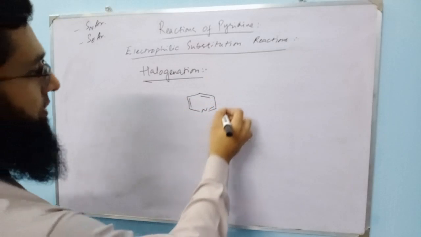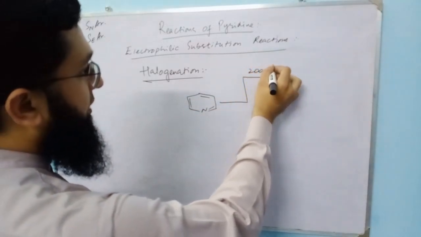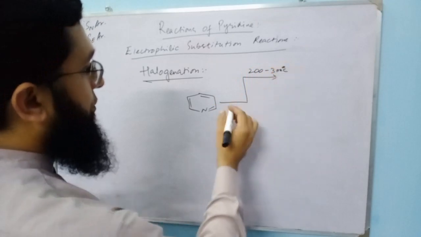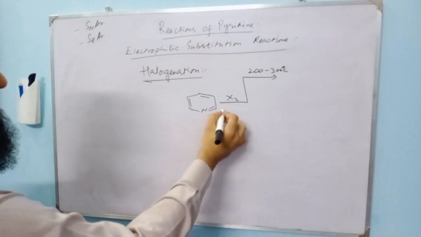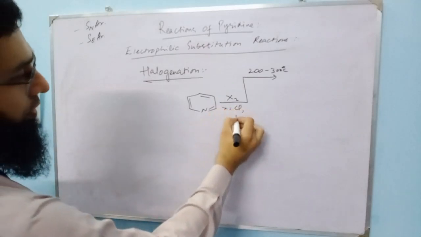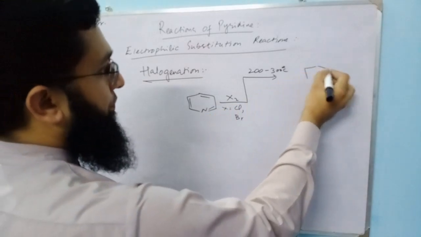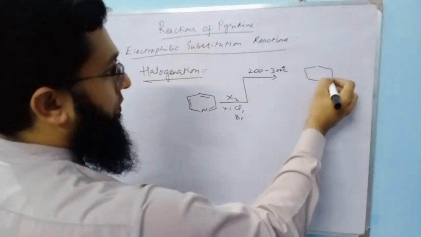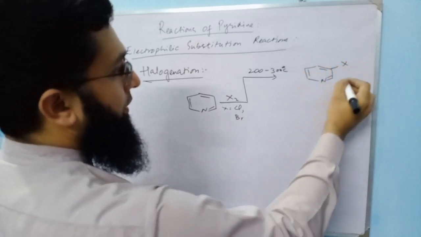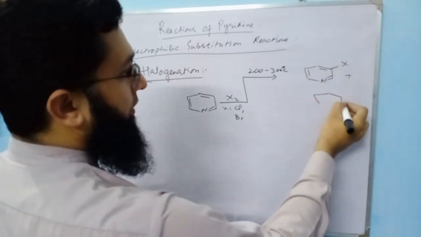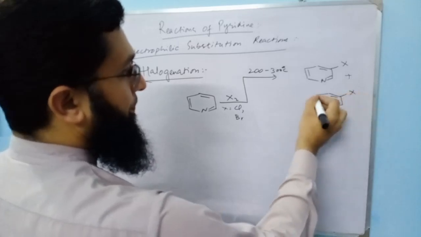So in this case, if we use the temperature at 200 to 300 degrees centigrade and we use elemental halogen, whereas halogen here is chlorine or bromine, we will get 3 substituted or 3,5 disubstituted pyridine derivatives.